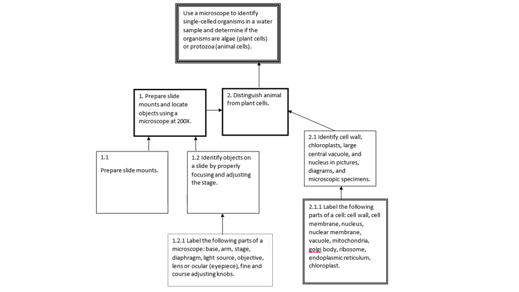That goal needs to be broken down into subordinate skills. Students need to learn one thing before they can learn another, before they can learn another. So in this example, I have preparing slides as a goal step, and then distinguishing animal and plant cells as another goal step.